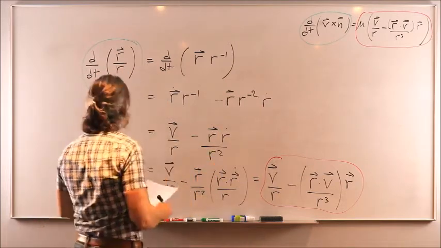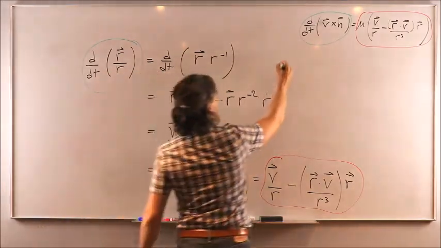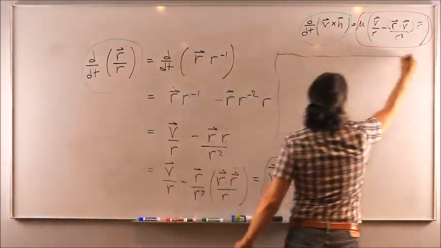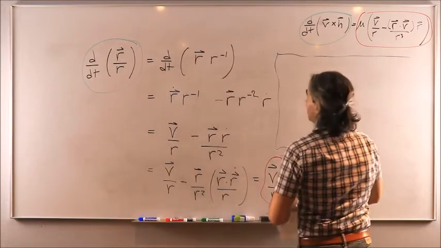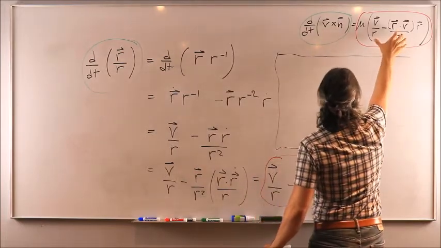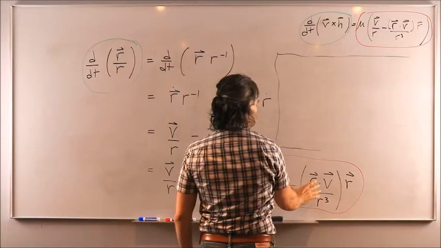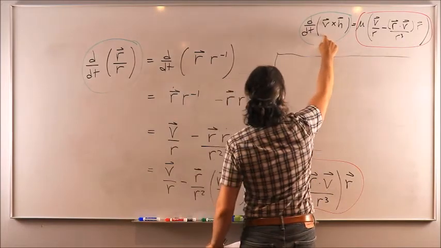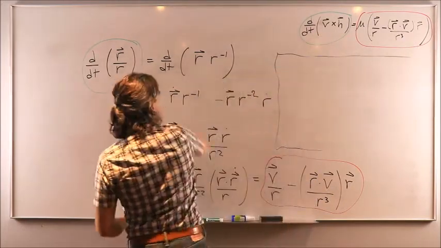And that leads us to say, by virtue of the fact that red here divided by mu is equal to red there, it means that this divided by mu has to be equal to this.